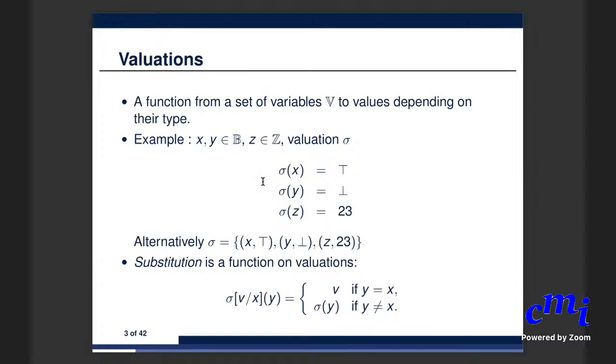You need to specify a valuation for the variables, which is defined as a mapping sigma of variables to the values drawn from the domain that the variables in the logic range over. In our case, we have variables ranging over Boolean, and for example, you could have things ranging over numbers and so on.